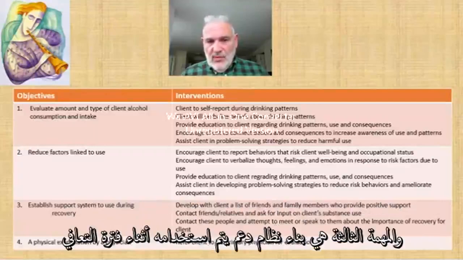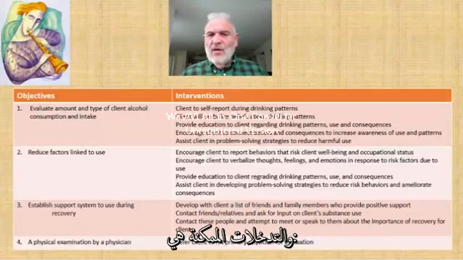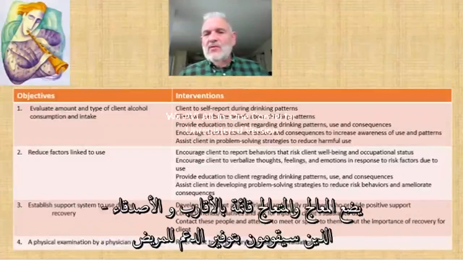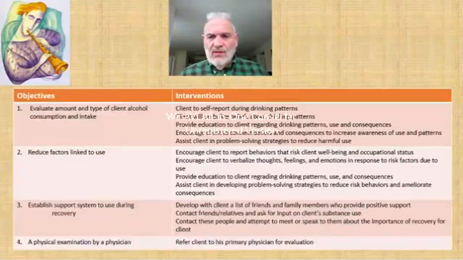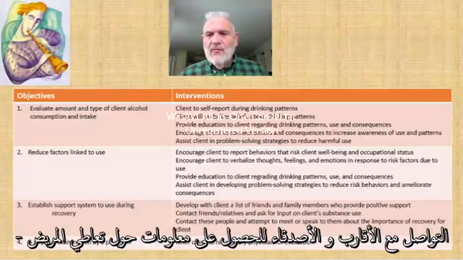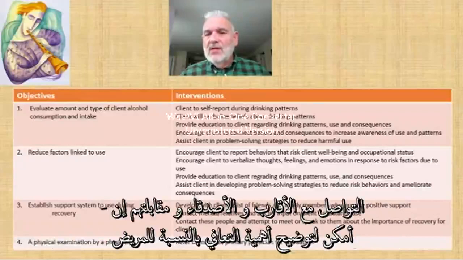And then establish a support system to use during recovery. Again, develop with the client a list of friends and family members who provide support, particularly if they're part of AA. That's an important support group. Contact friends and relatives and ask for input on the client's substance use. Contact these people and attempt to meet or speak with them about the importance of recovery for the client.